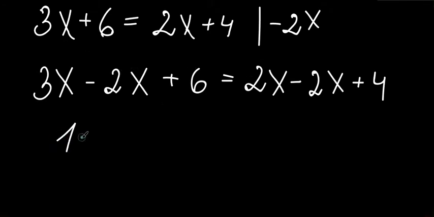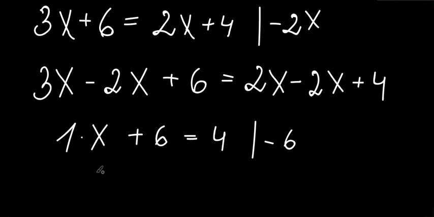So we have 1 times x, which is actually just x, plus 6 is equal to 4. Now we need to subtract 6 from both sides, and this will give us 0, so I'll just write equal, and it gives us 4 minus 6, and that is equal to minus 2. Our x is minus 2.